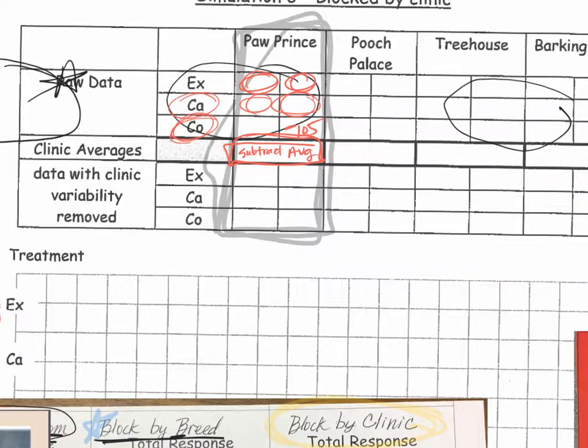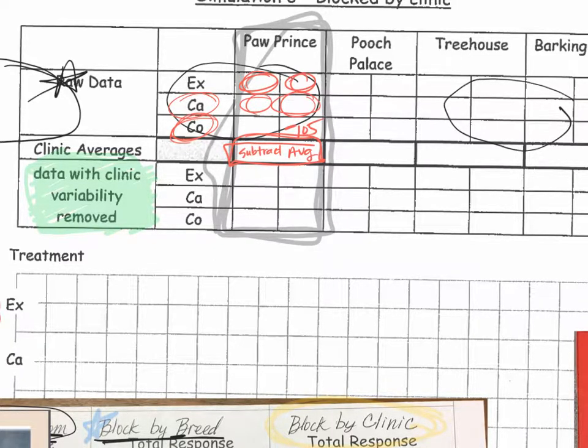So I am removing the variability, the bone density situation, because you go to a particular clinic.